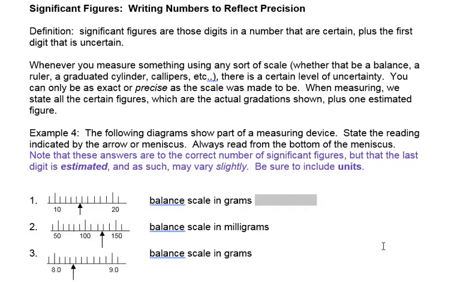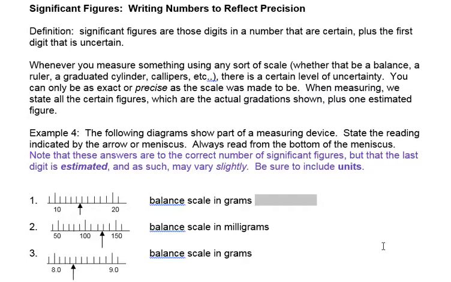So significant figures come from measured values, whether from some sort of device, whether it's a ruler or a scale or a burette. It's something that's being used to measure some kind of amount.